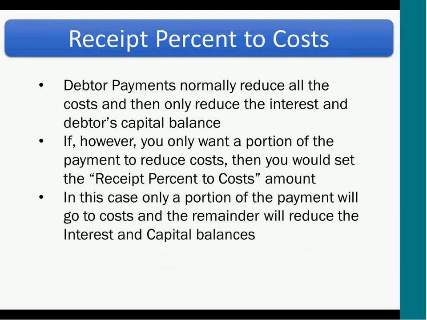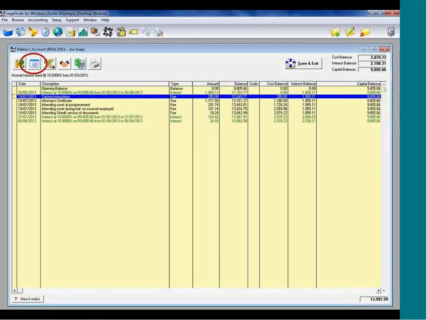If you go into your debtors account and you go into the settings, on the miscellaneous tab, this is where you set your receipt percent to costs.